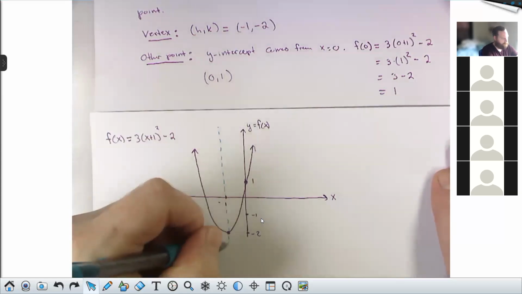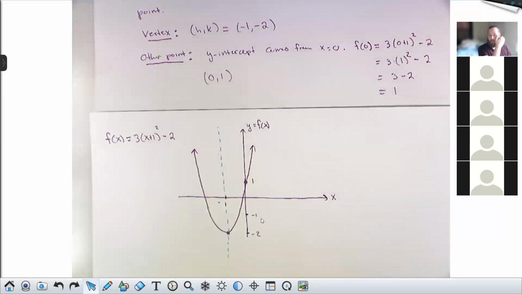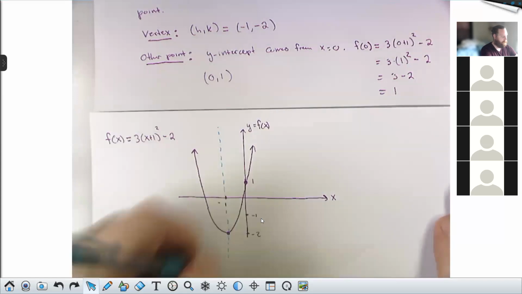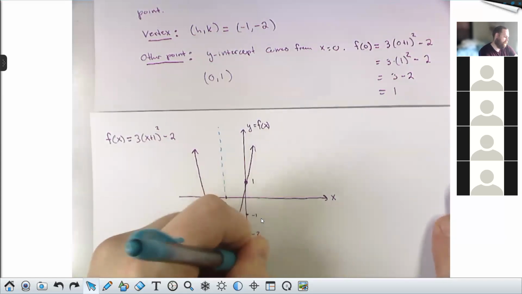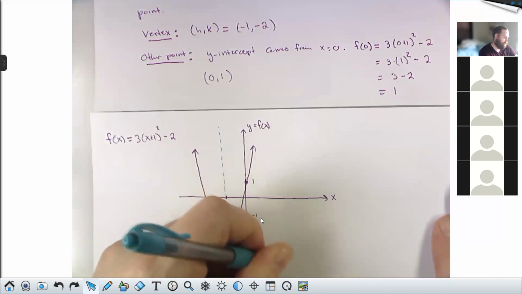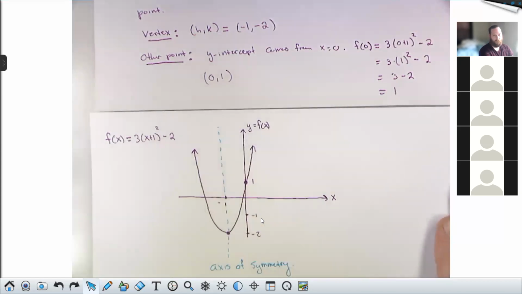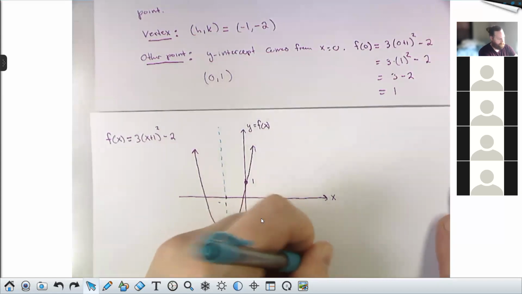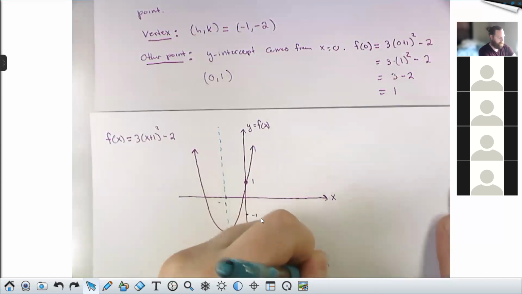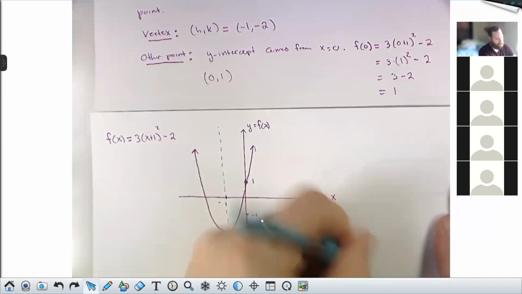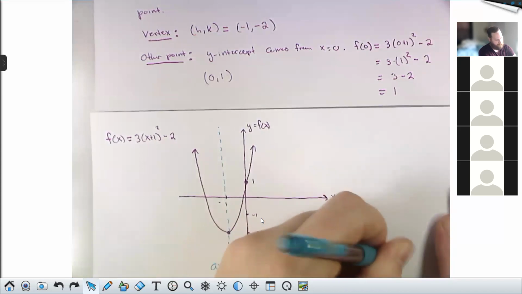You notice the graph of this parabola, and the graph of all parabolas, are symmetric about a certain line. That line is called the axis of symmetry. It's always the line x equals h, where h is the x coordinate of the vertex. So here, that's the line x equals -1.